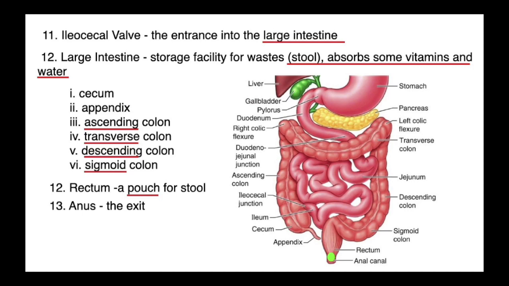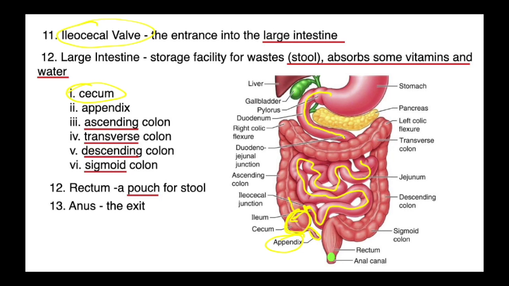Okay, so the ascending colon. So your food has gone through, like we showed you here, through your small intestine. And then we have this door, the ileocecal valve right here. Door into large intestine. Okay? And then the first part of the large intestine here is the cecum. And also there's this little organ sticking off of here. That's your appendix. Okay?